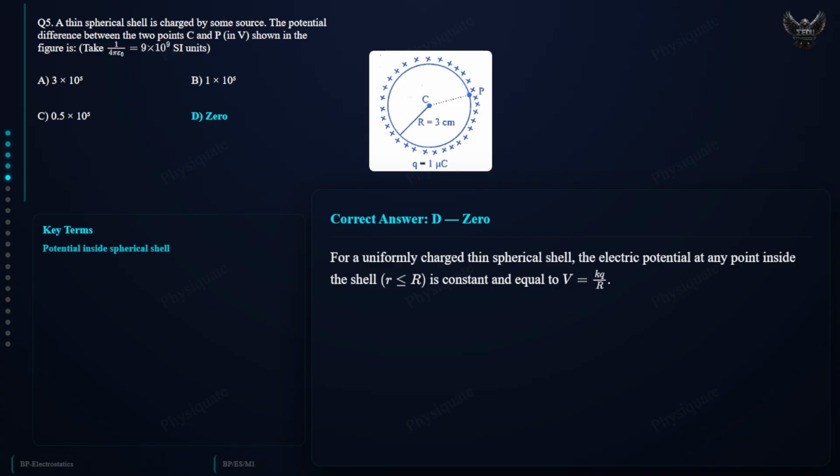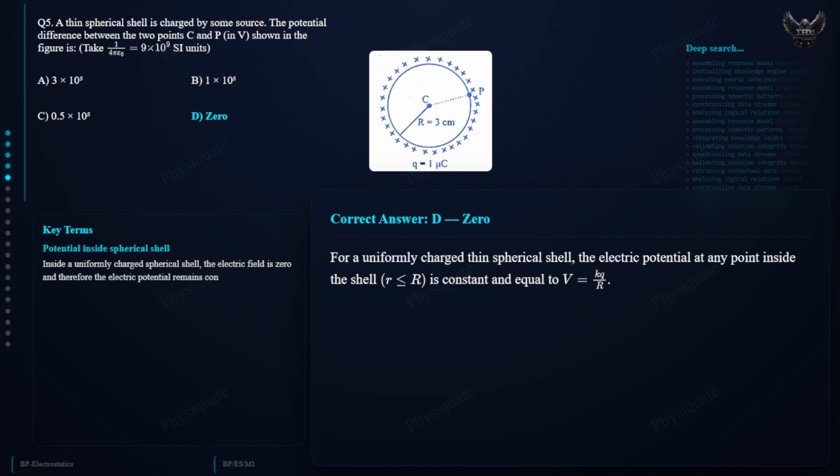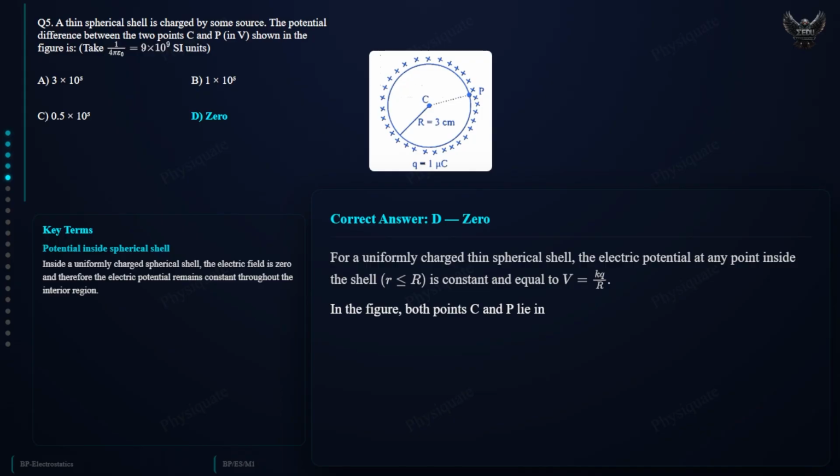Now let us consider potential inside spherical shell. Inside a uniformly charged spherical shell, the electric field is zero and therefore the electric potential remains constant throughout the interior region. In the figure, both points C and P lie inside the spherical shell of radius r equals 3 cm.